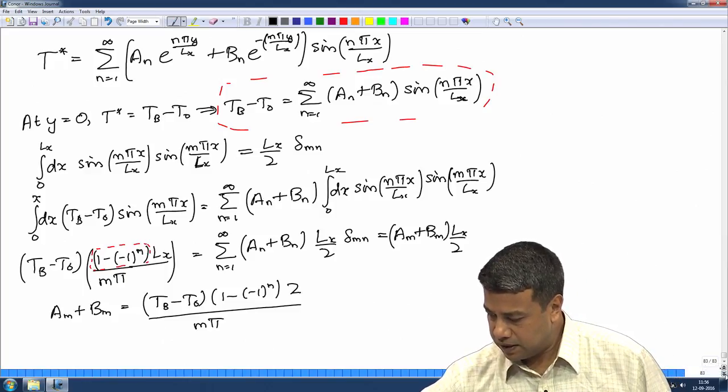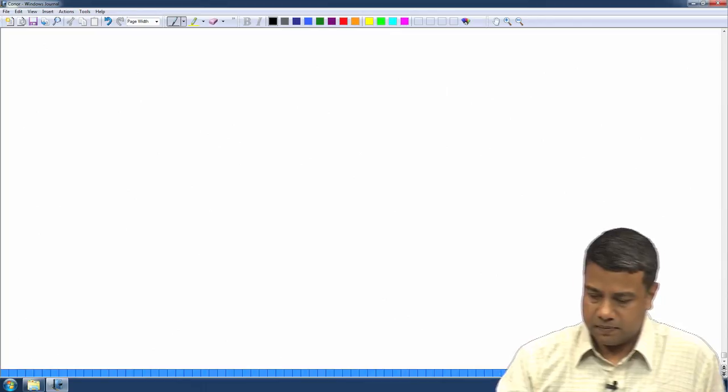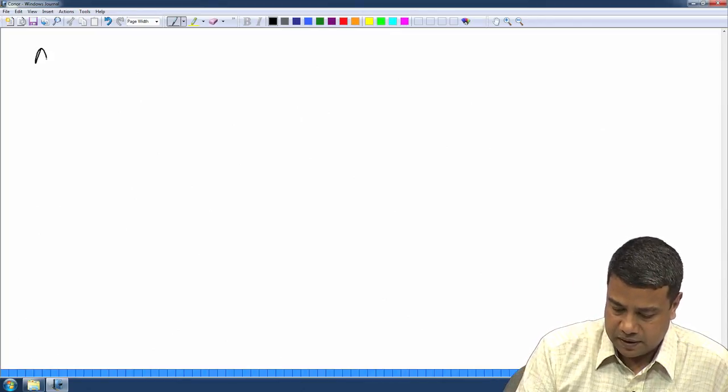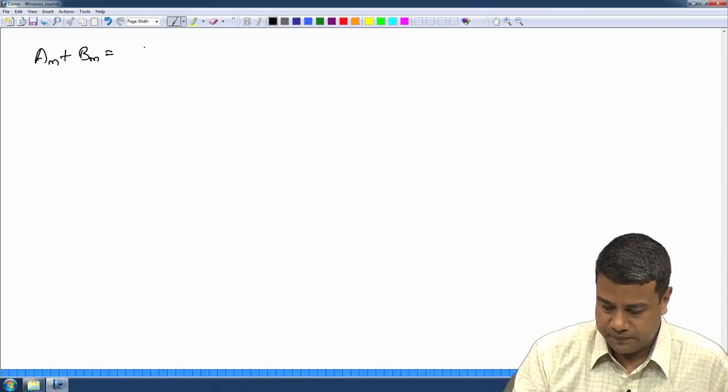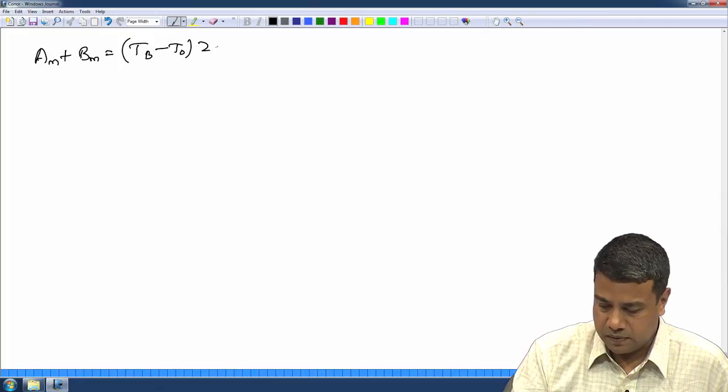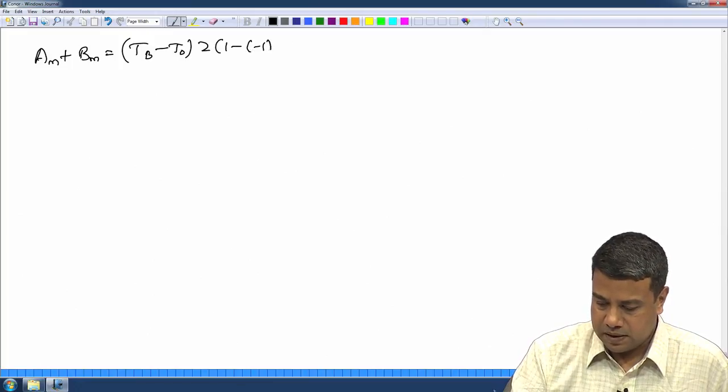So, I have got one equation that involves a n and b n. I have a m plus b m is equal to Tb minus T naught into 2 into 1 minus 1 power m, by m pi.